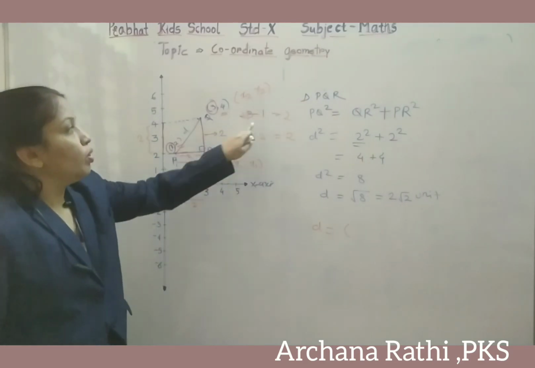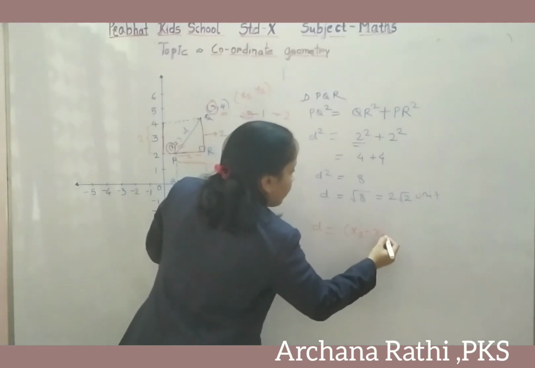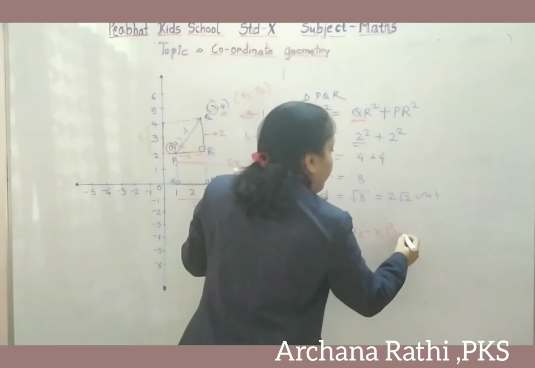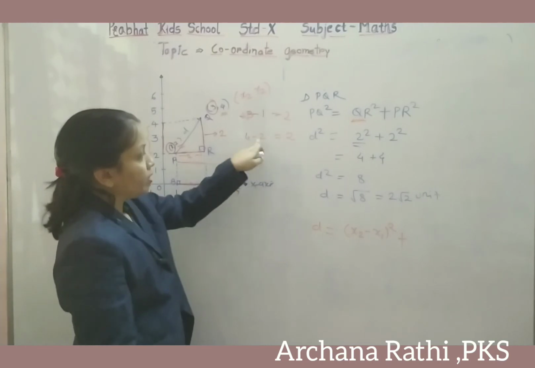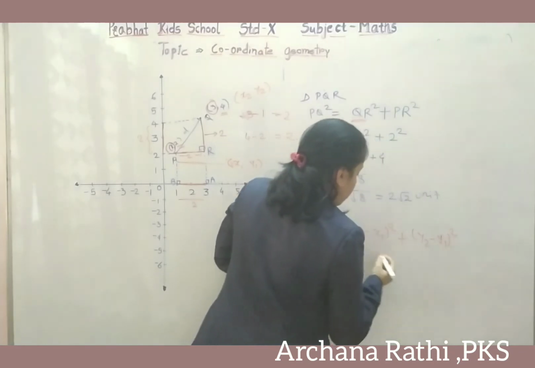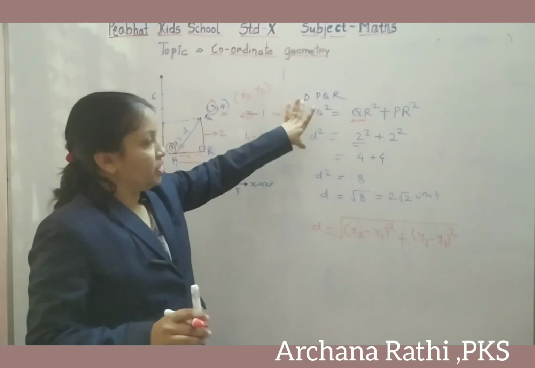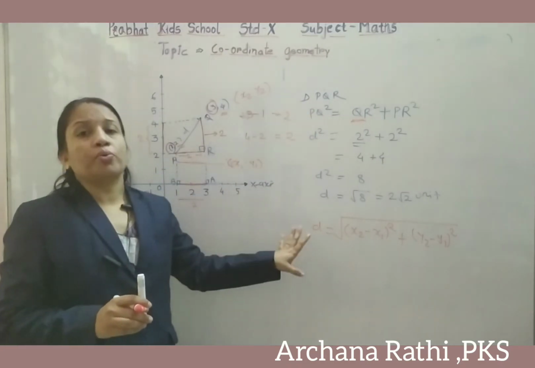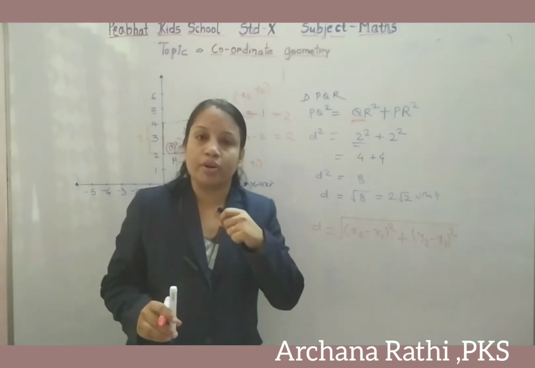The distance is the square root of (x2 minus x1) square, which gives QR, plus (y2 minus y1) square, 4 minus 2. This is the generalized formula to find the distance between any two given points in any of the quadrants, if you know only the coordinates of the two given points.